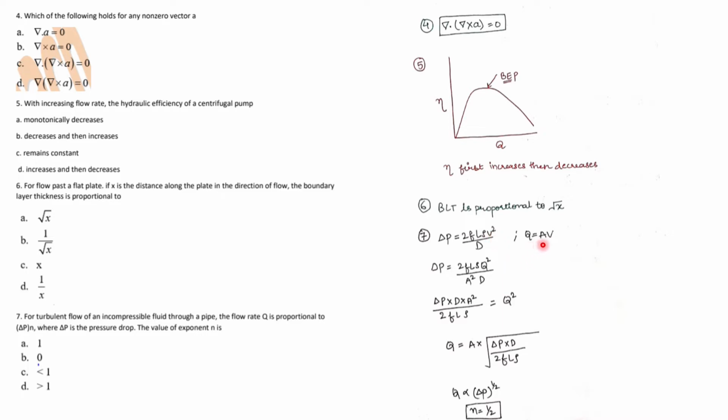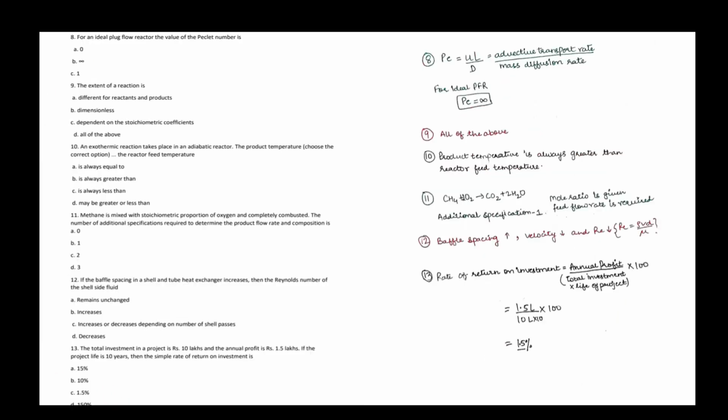Also, flow rate is area into velocity. So we can write Q by A in place of V, and if we rearrange a bit, we will find out that Q is directly proportional to delta P to the power 1 by 2. So 1 by 2 is less than 1, therefore option C is correct.